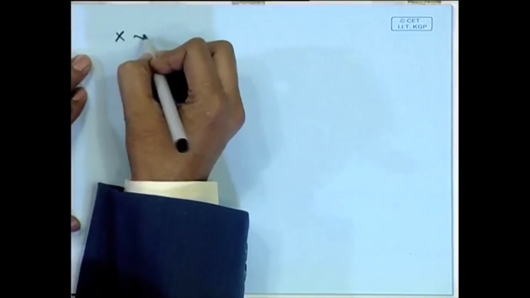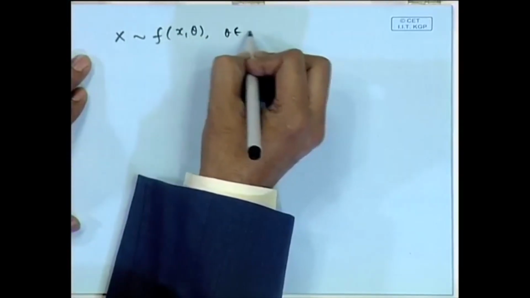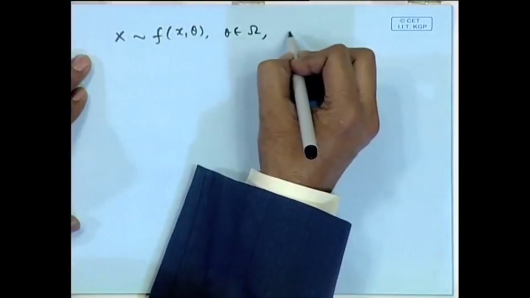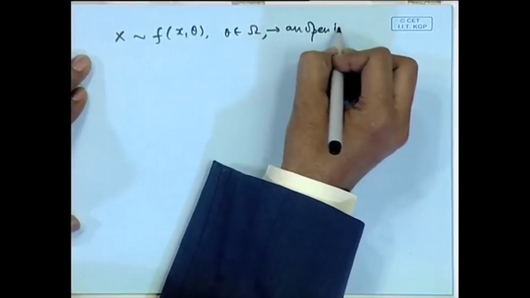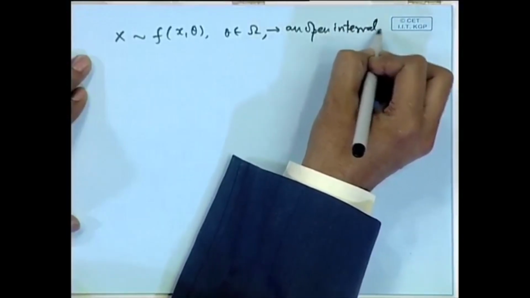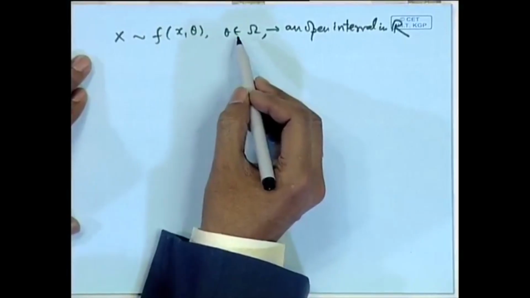So, we consider x has a distribution f(x, theta), where theta belongs to omega, and this omega is an open interval in the real line. So, that means I am considering the one dimensional case.